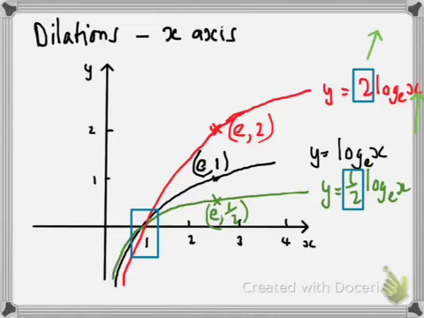So it doesn't matter what number you've got out the front there. The overall value is still going to be 0. So it's not going to change that intercept of (1, 0). But from there on, things will change by having that coefficient. For example, let's take the point here, (e, 2), which comes from this graph here.